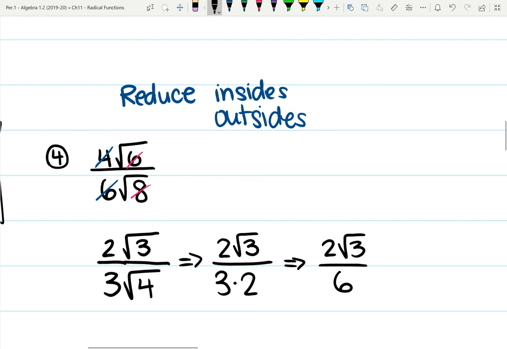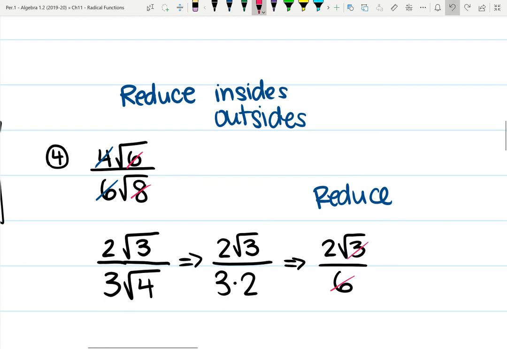And normally I would stop here, but hey, I can reduce. Check that out. 2 and 6, and they're both outside of the radical. I can reduce these. I cannot, let me go back here. I cannot reduce 3 and 6 because one's inside a radical, one's outside of a radical. We can't do that.